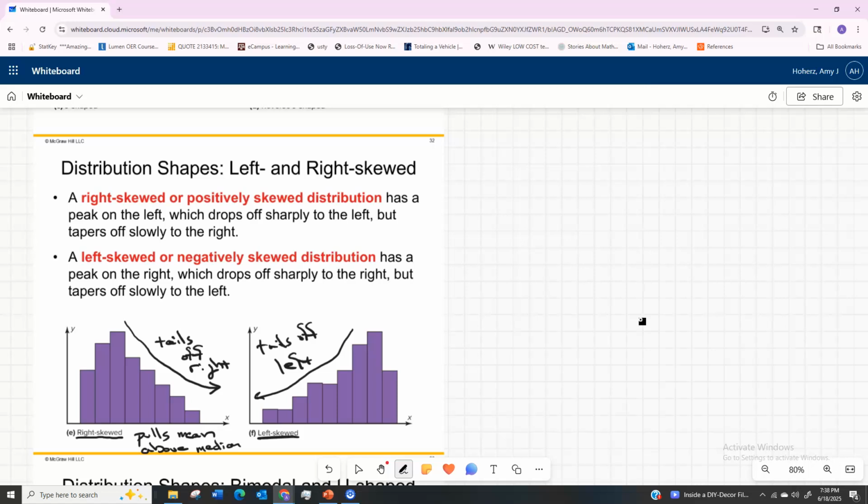And then for the tailing off to the left, that pulls, as you can imagine, the mean below the median. And so instead of your mean and your median being kind of close to each other, that skewedness pulls that mean down below.